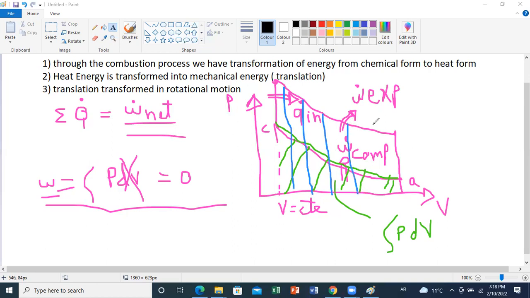And the net work will be the difference between these two areas. So the net work, if you look at this figure, will be limited by your graph. The net work is computed as the area of your closed cycle curve. So the area in red will represent W net.